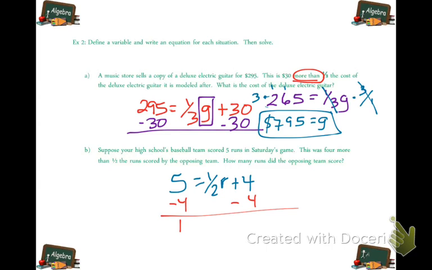And it's 1 equals half R. To get rid of the half, I'm going to multiply by 2. So 2 equals R. And there's your answer.